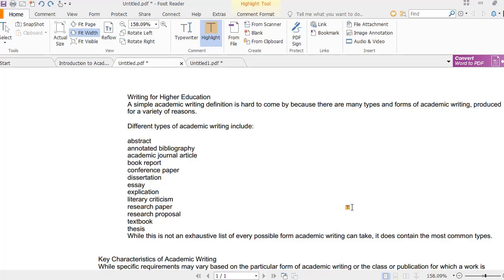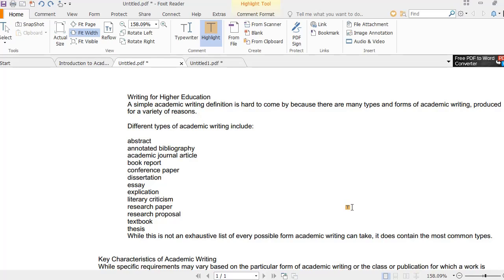Okay. Now, different types of academic writing include abstract, annotated bibliography, academic journal article, book report, conference paper, dissertation, essay, explication, literary criticism, research paper, research proposal, textbook, thesis.